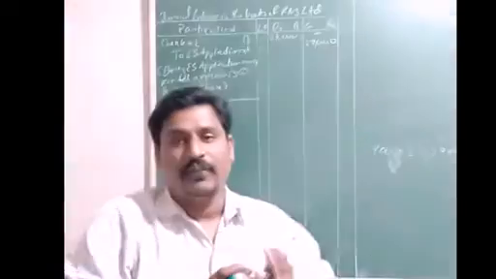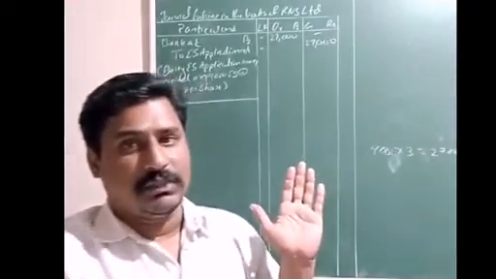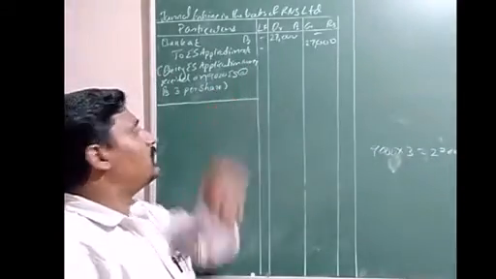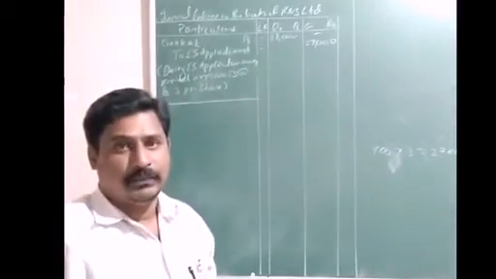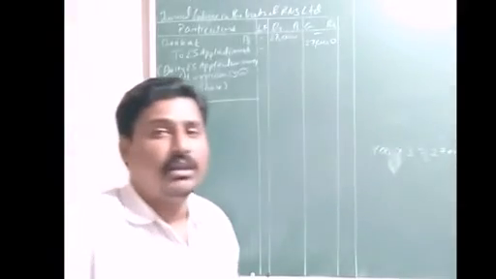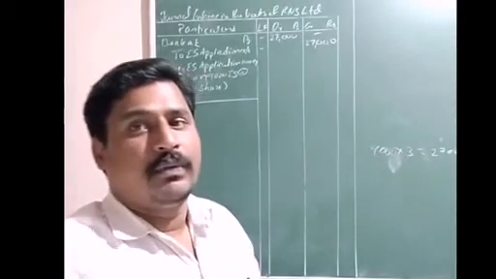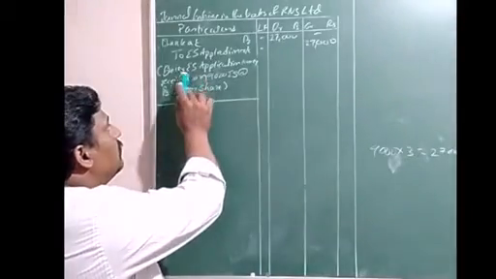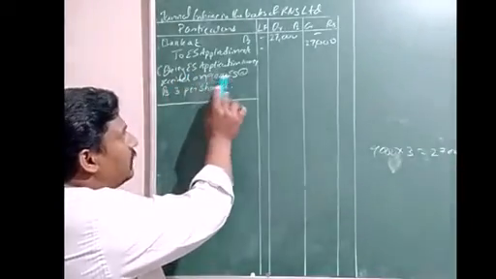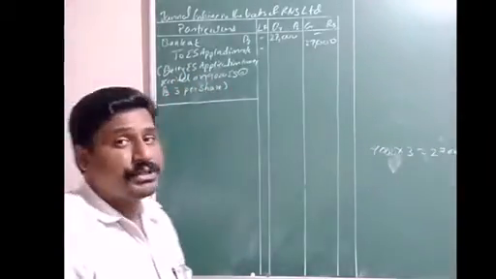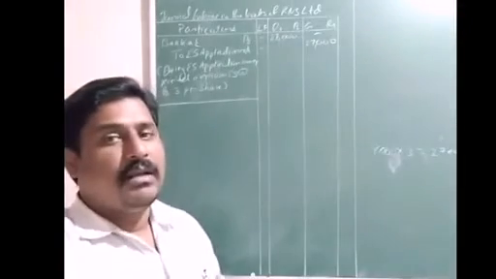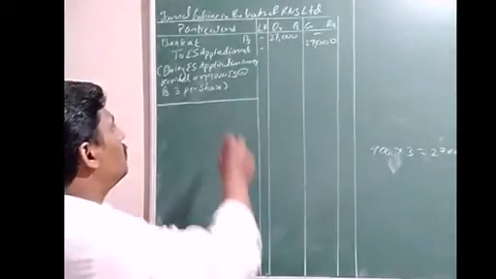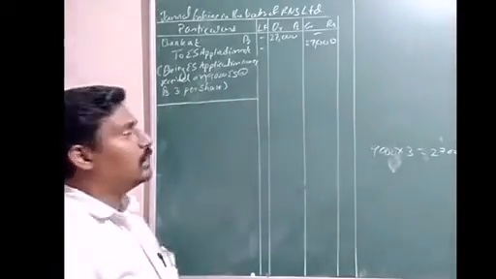Out of 10,000 shares, 9,000 shares were subscribed by the public. On 9,000 shares, 3 rupees per share we have collected. Now we allot the shares. Money received on 9,000 equity shares at rupees 3 per share.